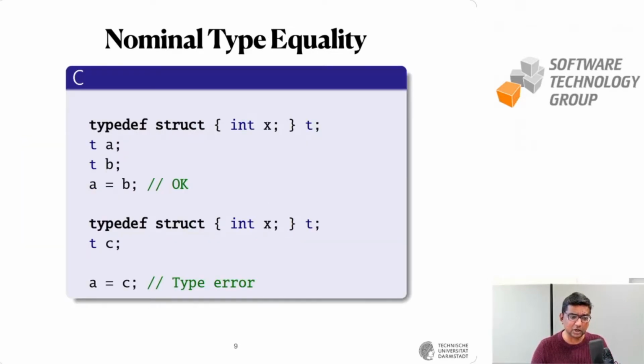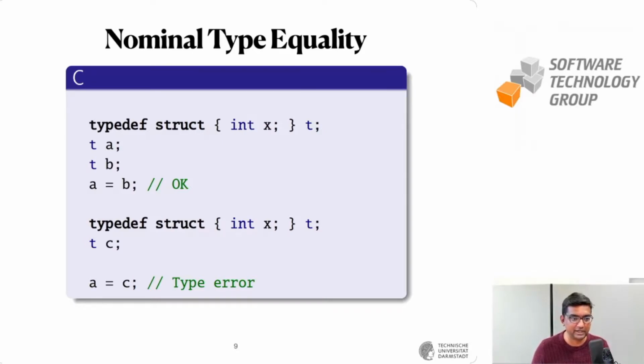So nominal type equality simply checks for the names of the types. What is important to note here is that there is a difference between internal naming and the name we use as a programmer. Here there are two typedef structs which have the same name t, and each has one integer x, right? But they are defined at different points in the program, which is something you can do in C. So your compiler encounters the first typedef struct.